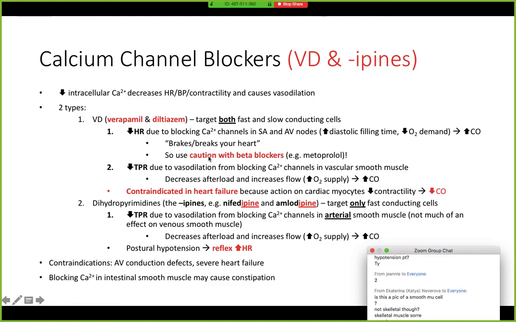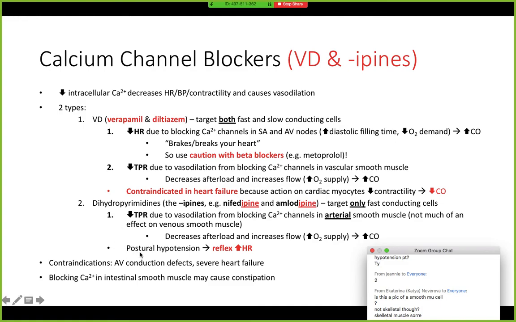And then also the fact that verapamil and diltiazem are contraindicated in heart failure because of their actions on cardiac myocytes to decrease contractility. So in somebody with heart failure, you obviously wouldn't want to decrease their cardiac output because they're already struggling to maintain that because their heart is failing.